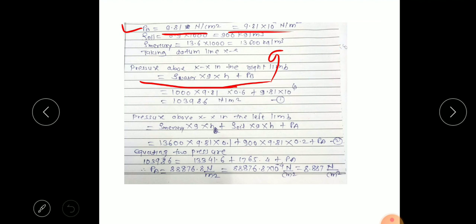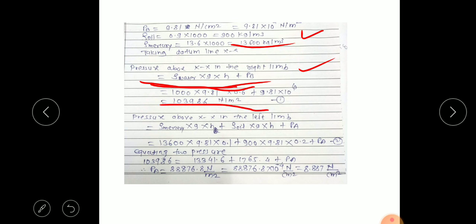So the pressure at B is 9.81 into 10 raised to 4. The density of the oil is given. Mercury we take as specific gravity 13.6, density 13,600. Again equating the two equations, the pressure above the x-axis on the right side will be water plus PB. Putting in values we get equation 1.